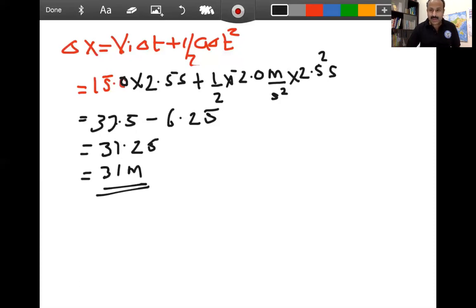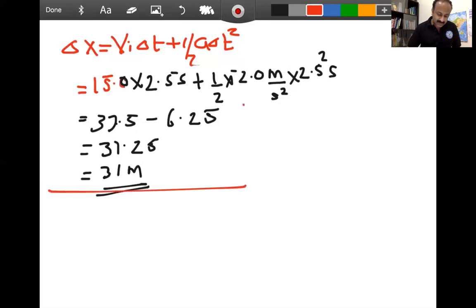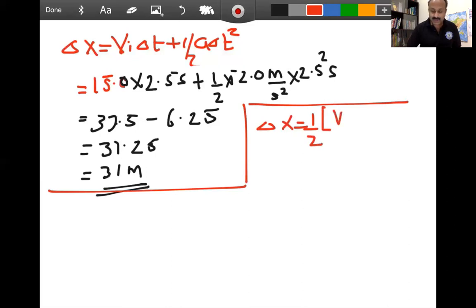Okay. And I will show you the same problem with the first equation. First equation was which one? This one, I'm doing it in another way. The same problem with another equation. Delta x is equal to half into Vi plus Vf into delta t. You don't have to do both methods, it's up to you which method you want to use.